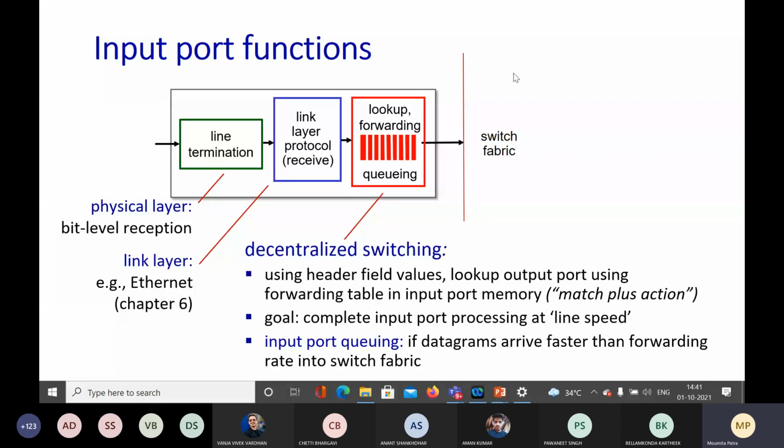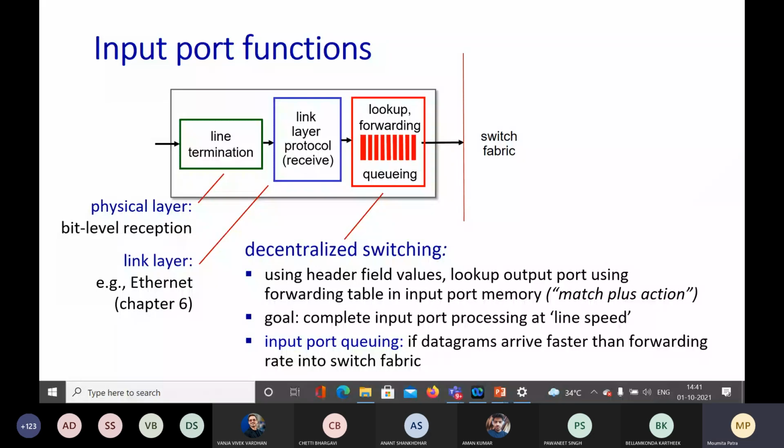Now, decentralized switching. What is it? That is, you use the header field values and look up the output port using the forwarding table in input port memory. What is the goal here? That you complete the input port processing at the line speed.